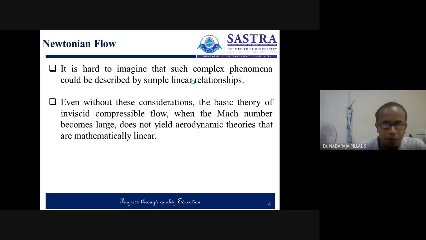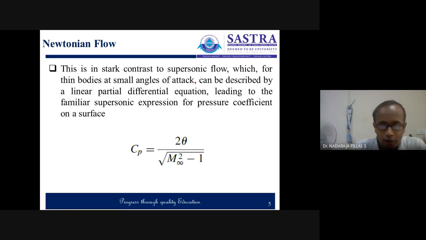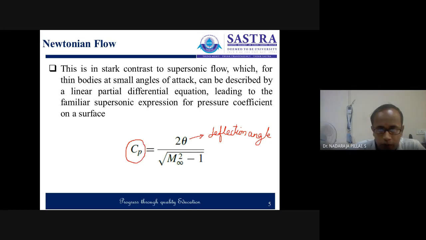That shows a very linear relationship for the coefficient of pressure in terms of theta, where theta is the deflection angle and M infinity is the free stream Mach number. But here the body is considered to be thin at a small angle of attack. So we can express the Cp for the supersonic flow, correct?